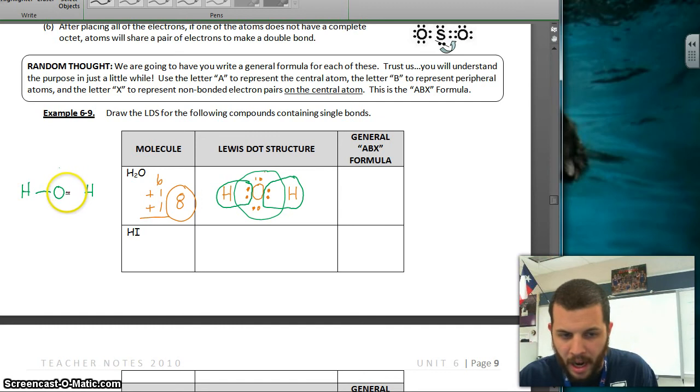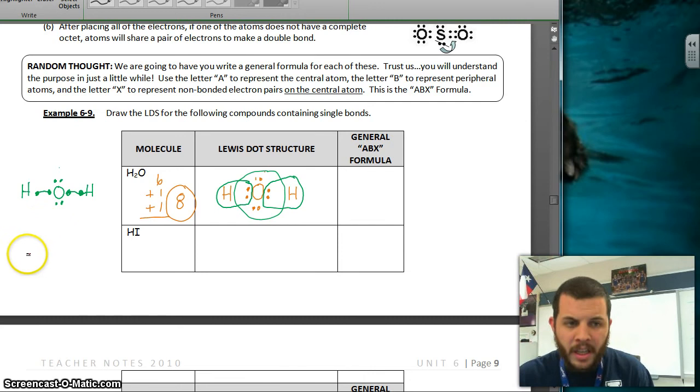I can draw a line that makes a bond. Anytime you have a line between 2 atoms, that represents 2 electrons, like an electron from each atom being shared between the 2. So that's how you're going to see me do things most often.